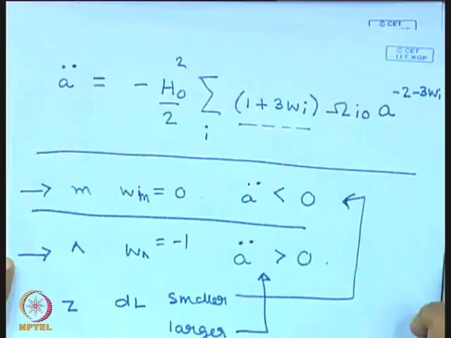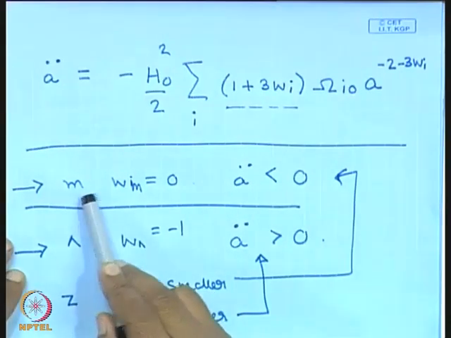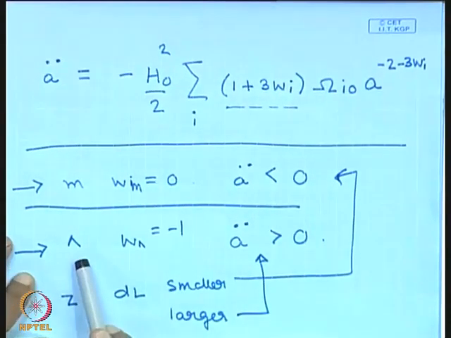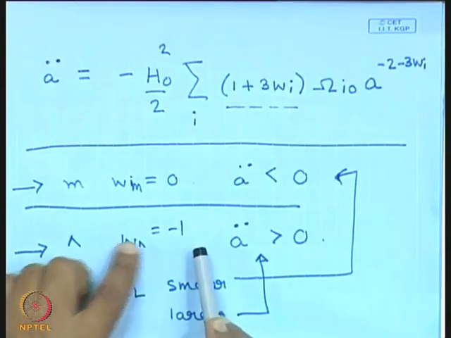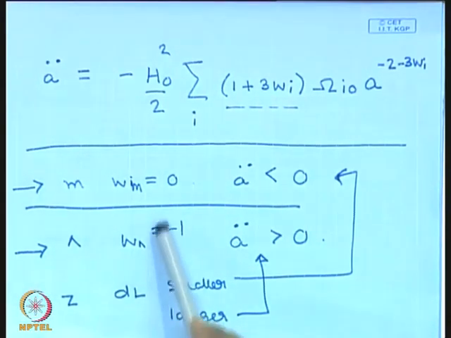Now, something I should mention here is that we have been discussing very simple models where we have matter which has no pressure, we have dark energy which has constant negative pressure, and the rest of it is in curvature.